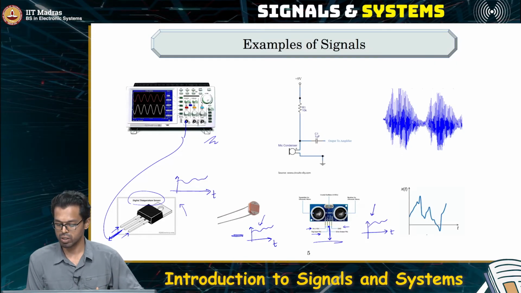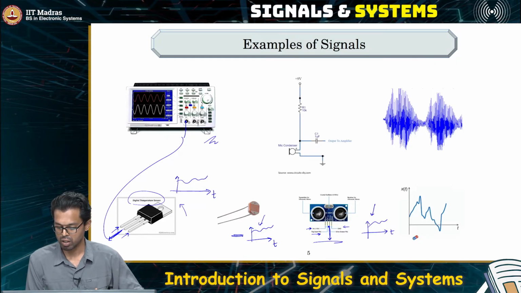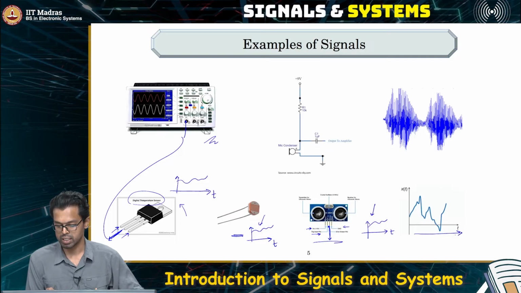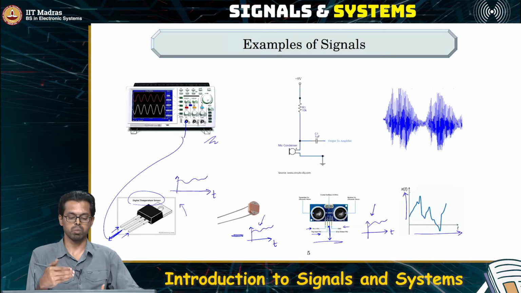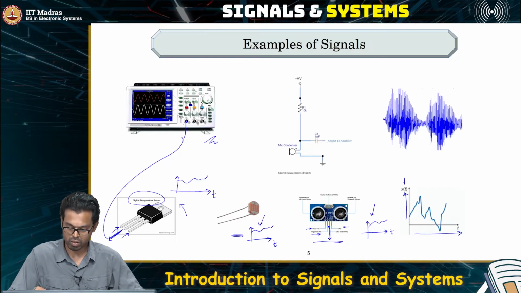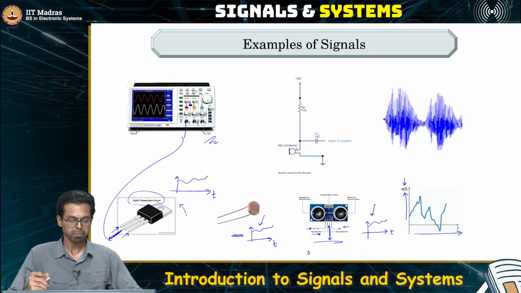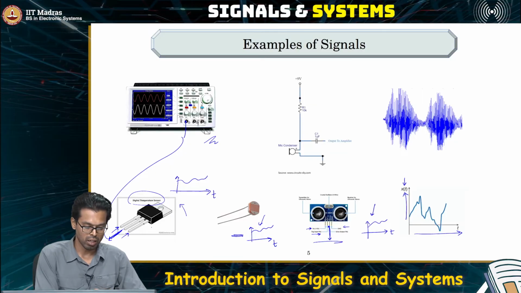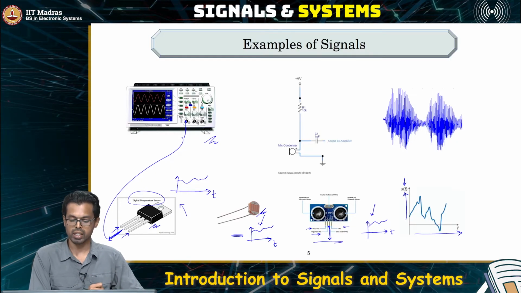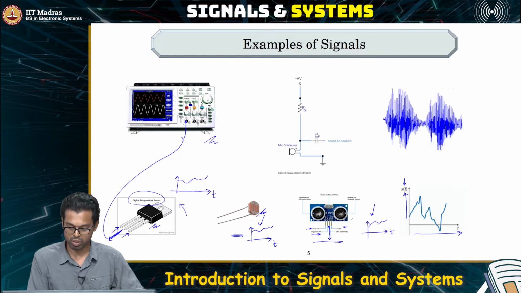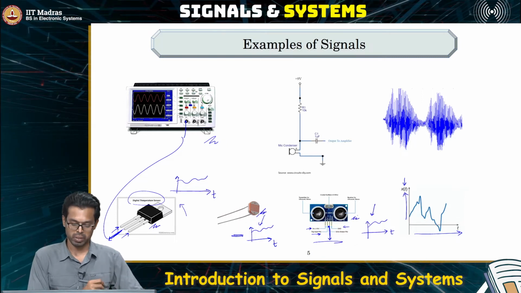All of this eventually looks like something plotted along the x-axis is the independent variable, and something that is plotted along the y-axis is what you observed. So along this y-axis, this x of t could be the voltage which is proportional to the temperature, or the voltage that is proportional to the light, or the voltage that is proportional to the proximity.